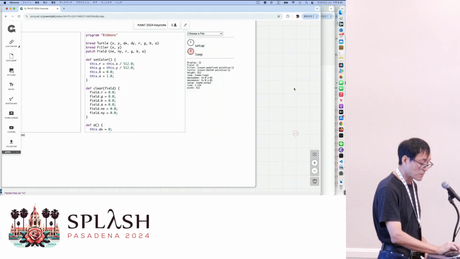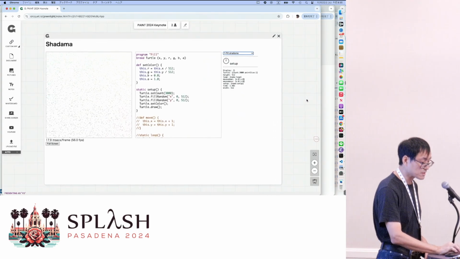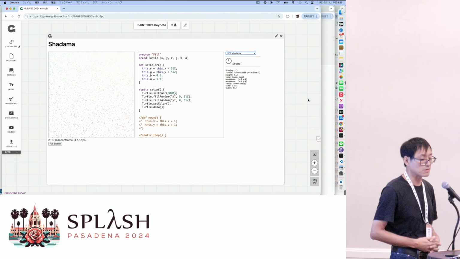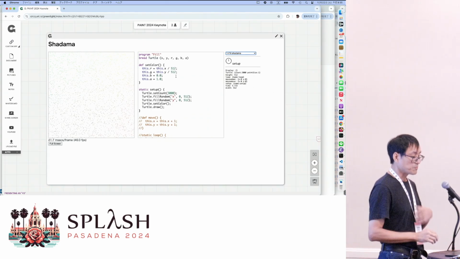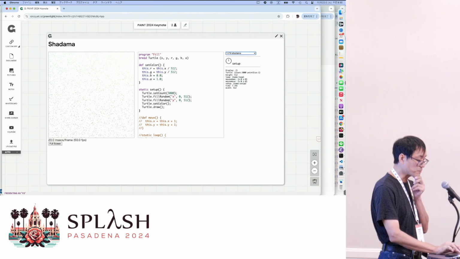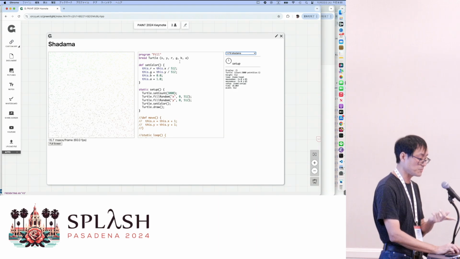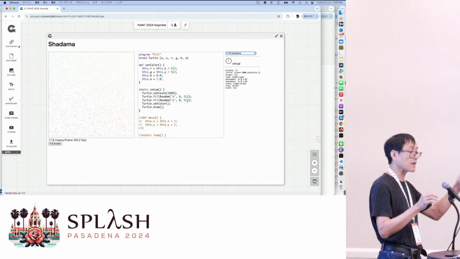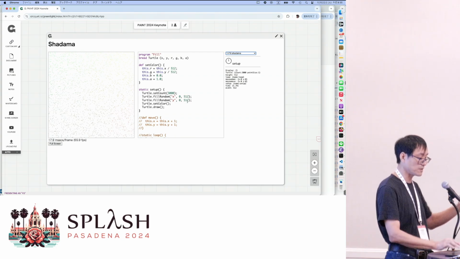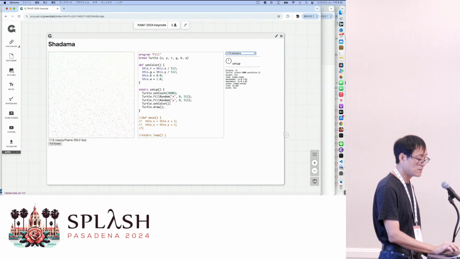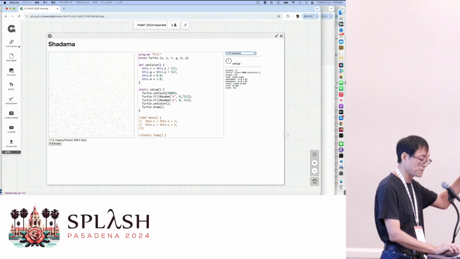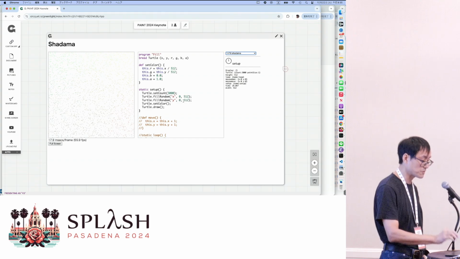Let's see. Basically, it's based on turtle graphics, but there are a bunch of them. So in this program, I say create 3,000 turtles, and each turtle has X, Y, and RGBA. The fill random says fill the X value of everybody between 0 and 512, and fill everybody's Y value between 0 and 512.